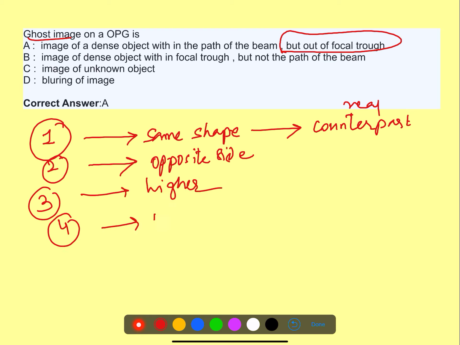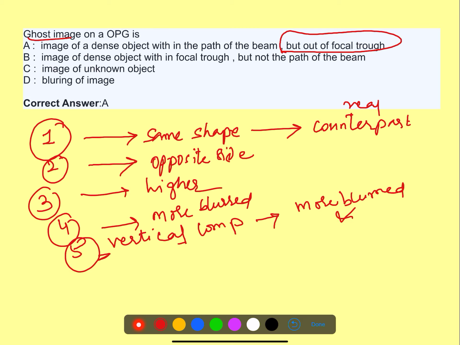Actually there are two components of the image, vertical and horizontal, but the vertical component is more blurred than the horizontal component and always larger compared with its counterpart vertical component.